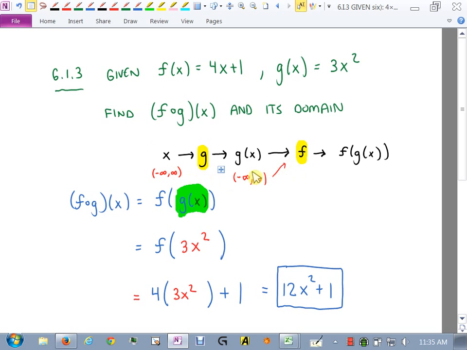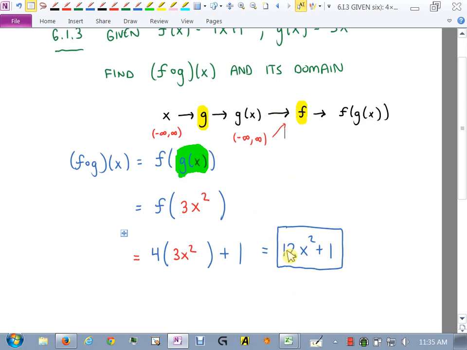Since these both have no restrictions, the composition has no restrictions. And so the domain of the composition, the domain of f of g of x, is negative infinity to infinity.